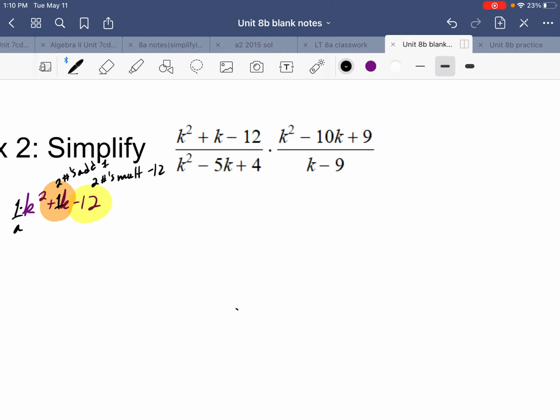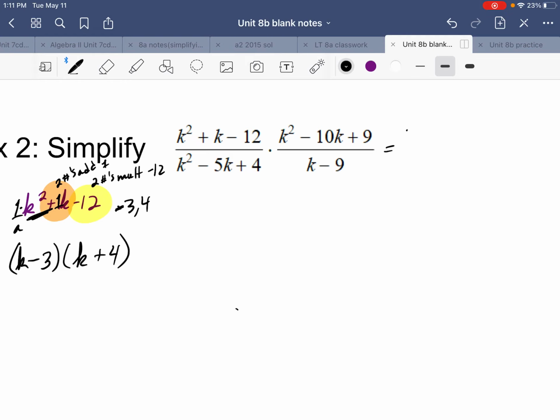So 2 numbers multiply to negative 12 that add up to 1, and you should get negative 3 and positive 4. So your shortcut is, instead of doing a Punnett square, those are actually your second terms of each binomial. We have a negative 3 and a positive 4. To get k squared, you're going to need k times k. Think about it, k times k is k squared, so that's how you get the k squared. And there's your factor.